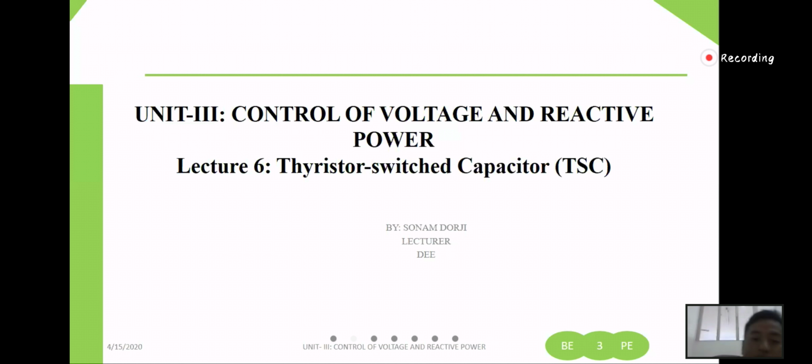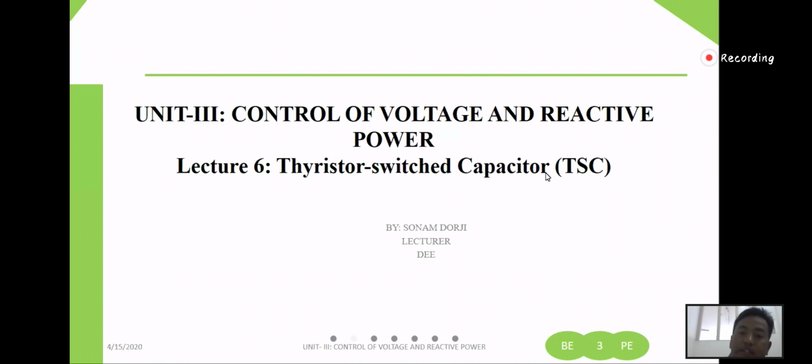So today we will see another type of SVC, that is the thyristor switched capacitor, normally abbreviated as TSC, and how we control the voltage and the reactive power by using TSC.